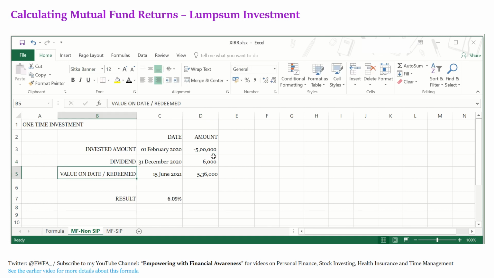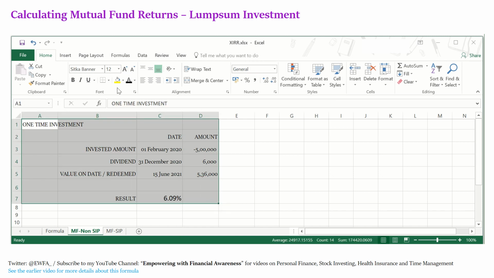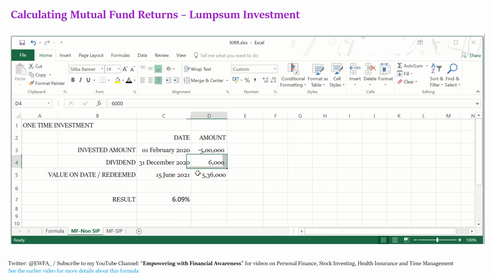Since that is inflow, we enter it as a plus value, and you can see the returns have increased from 5.2 percentage to 6.09 percentage. So let me make it slightly bigger for you all to see. 6.09%.